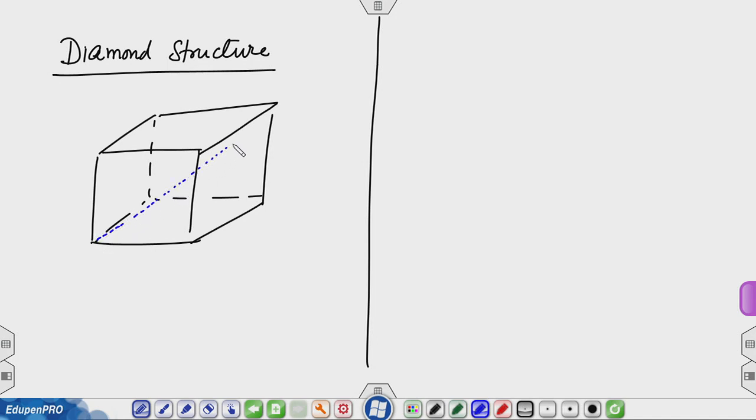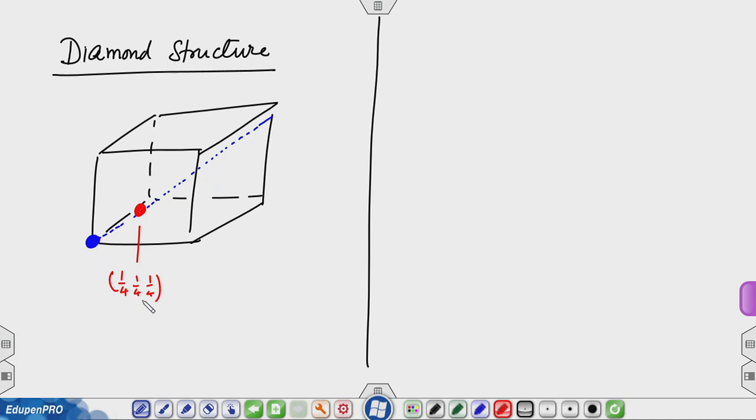So, this is shifted along this body diagonal. So, if I have a point here, the other point is right here at a distance of 1/4, 1/4 and 1/4.